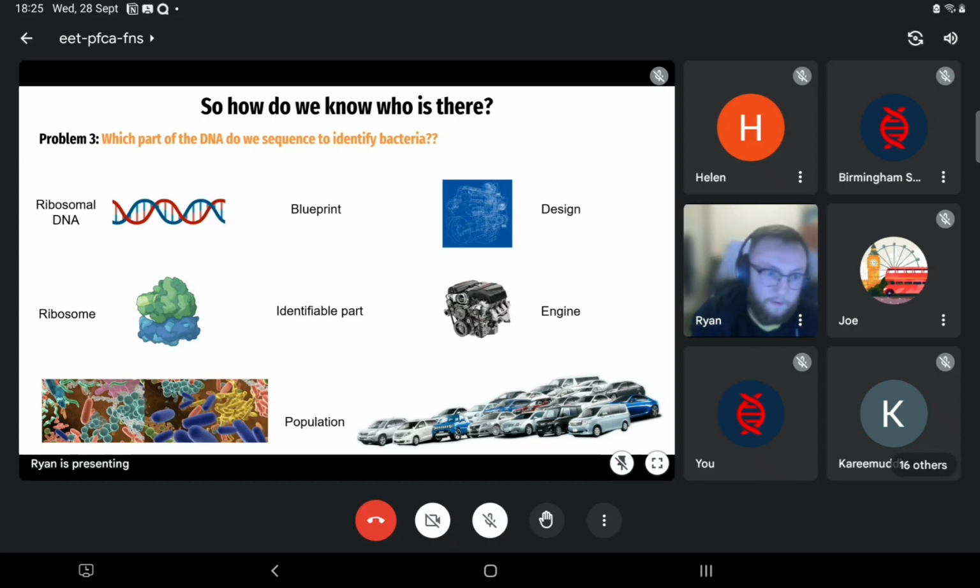There are a few intermediate steps, but the short of it is we look at the whole ribosomal DNA from the community and sequence it on a fancy computer, and then we compare it to a database, which tells you this matches with this bacteria and this matches with that. That's the short answer of how we do it.